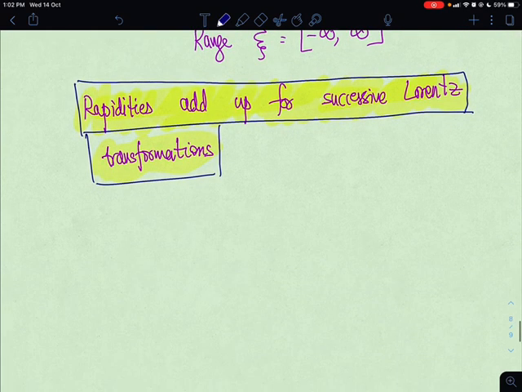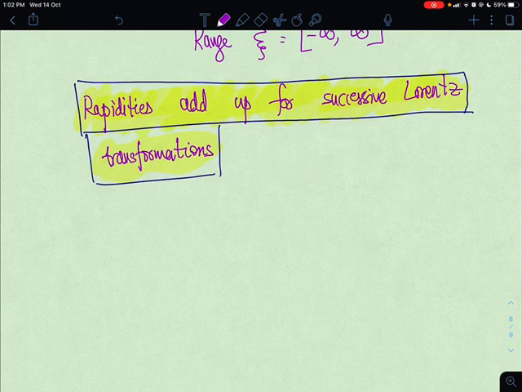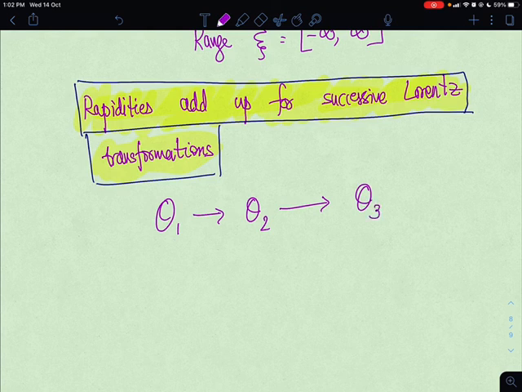So, now we have a series of Lorentz transformations, say for example O1 going to O2 going to O3. This one is a parallel Lorentz transformation with rapidity psi 1, and this one from O2 to O3 has rapidity psi 2.